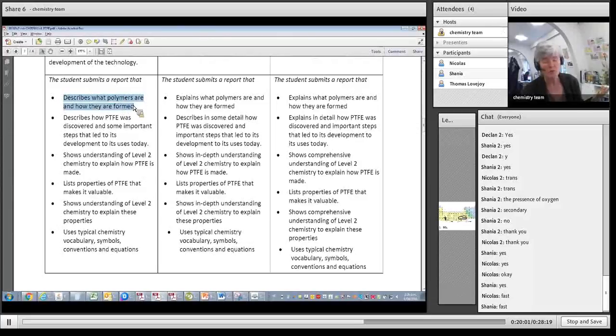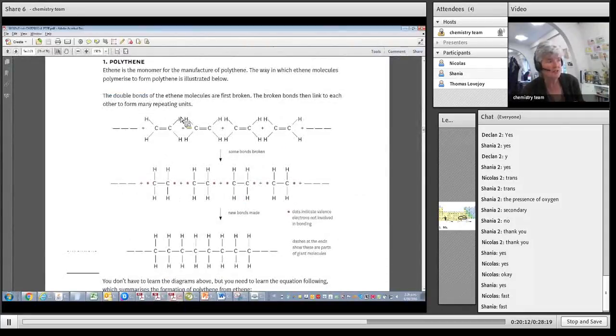What is a polymer? How are polymers formed? Now that you will find in the 2052. So if you've done the 2052 booklet, this should look familiar. So this is for polythene. You would change this to the tetrafluoroethene. So in other words, instead of all these H's on it, you would be having fluorines on it.